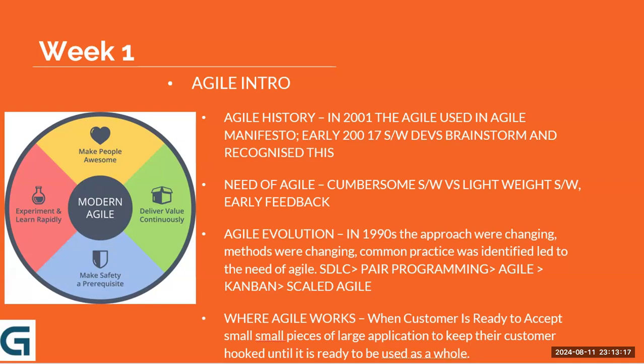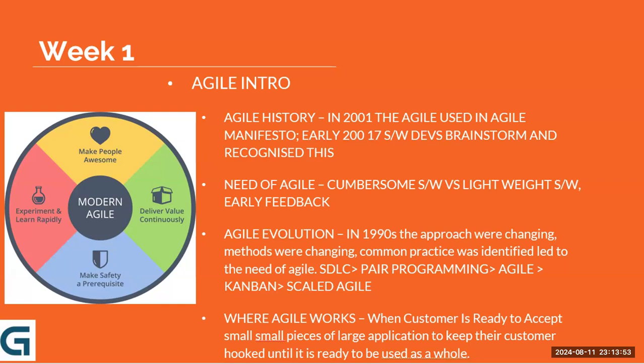Right now, just get it in your mindset that because the traditional methodologies were not effective money-wise, time-wise, or delivery-wise, the need for Agile evolved. Agile has also evolved slowly, and we'll be focusing more on Agile Scrum, but we'll throw some light on the other methodologies in later sessions. Okay, next point, please.